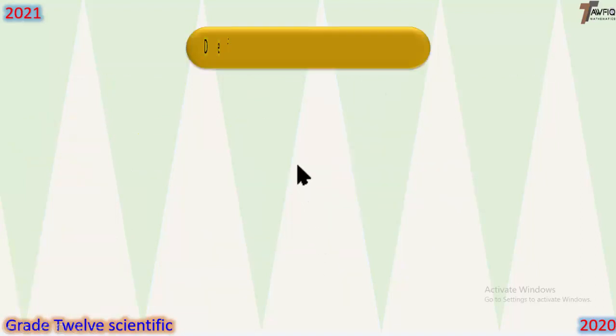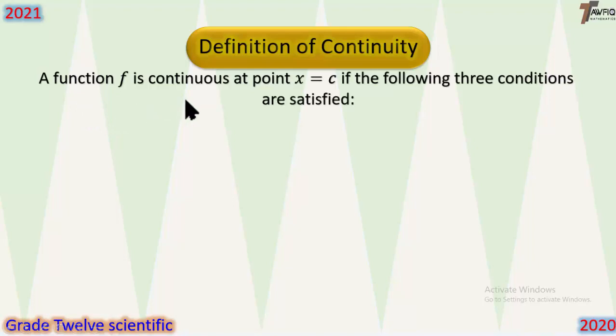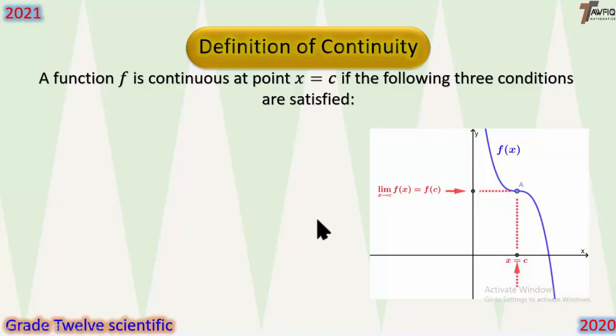Defining continuity. A function f is continuous at a point x equal to c if the following three conditions are satisfied. Here you can see that the function is defined and the limit exists, and the function value and the limit are the same, therefore the limit as x approaches c of f(x) is equal to f(c).